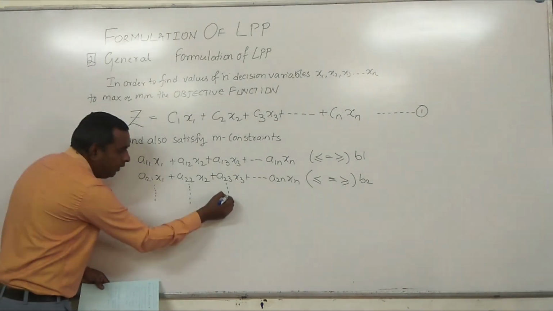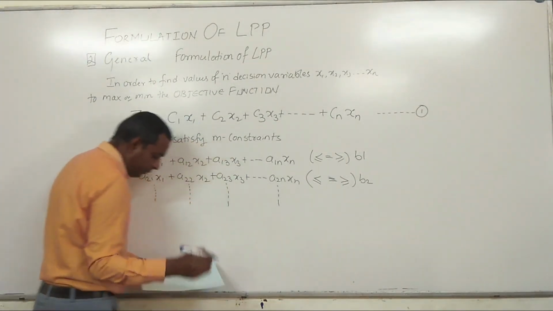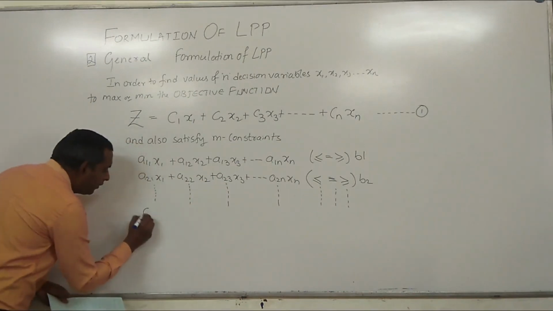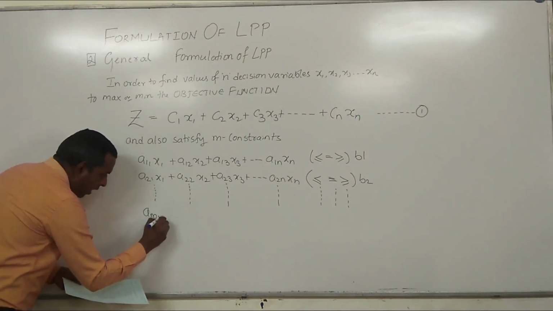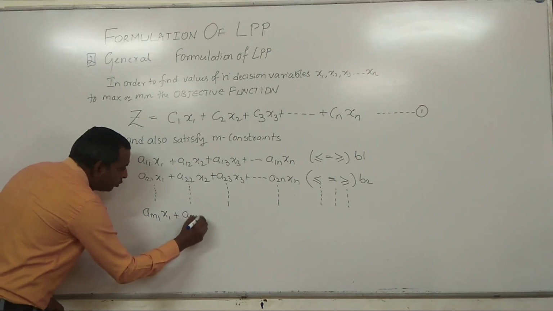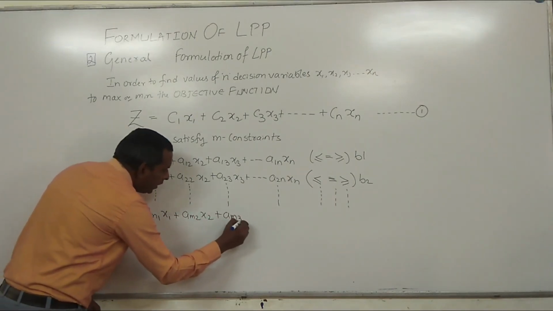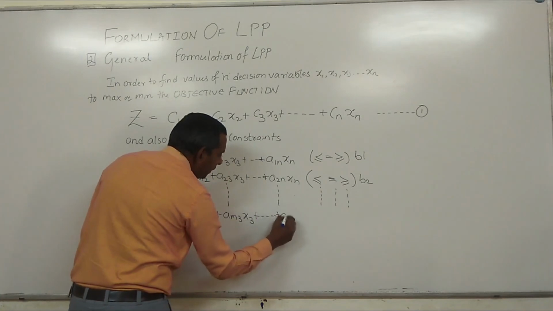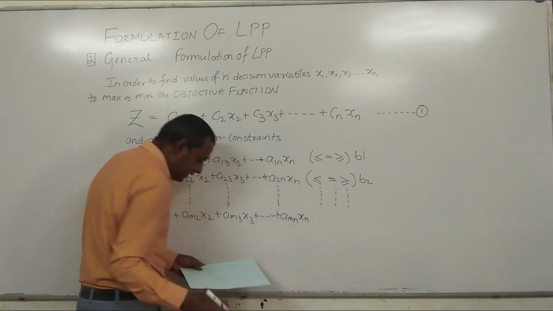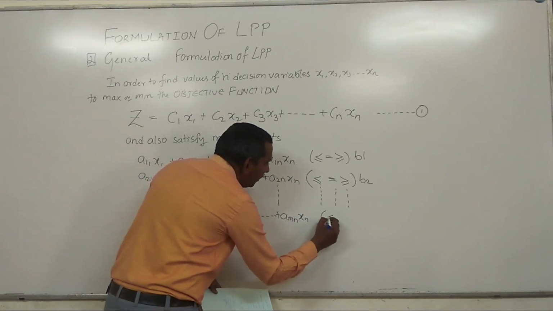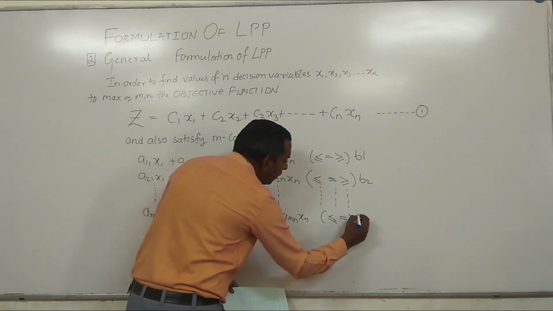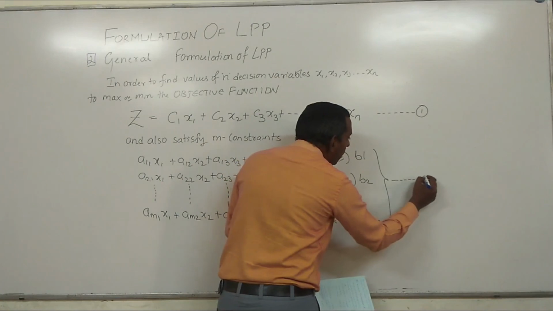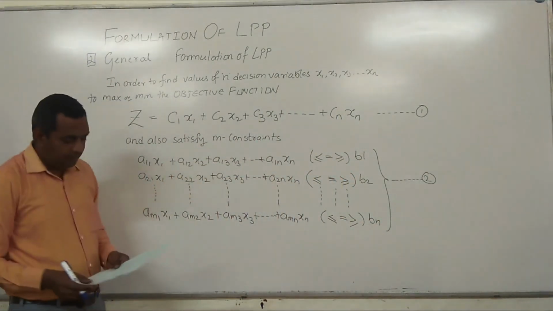And am1 x1 plus am2 x2 plus am3 x3 up to amn xn, that is less than or equal to, greater than or equal to bn. And this is equation number 2.